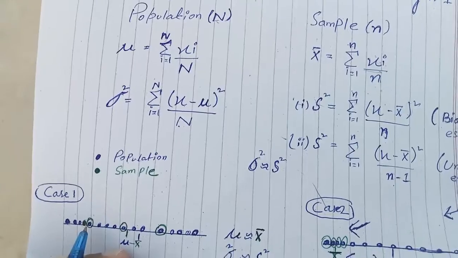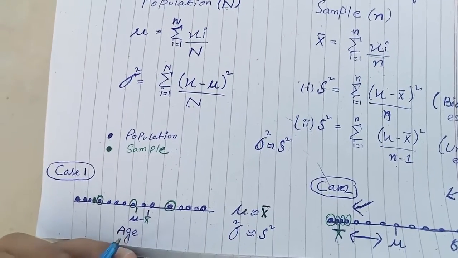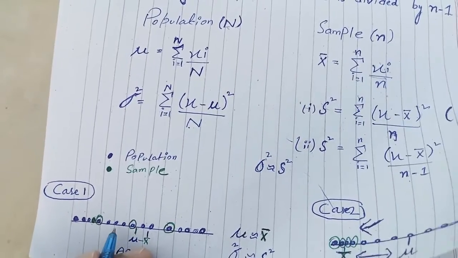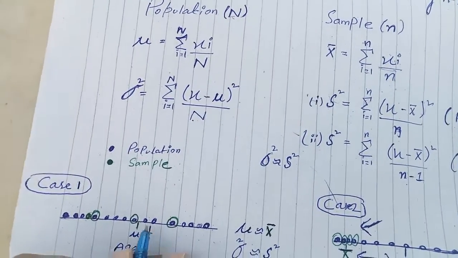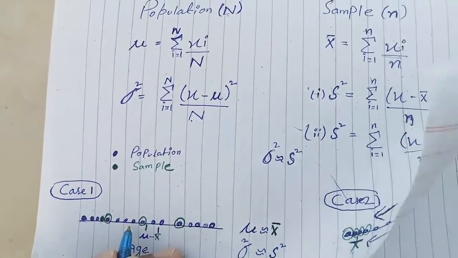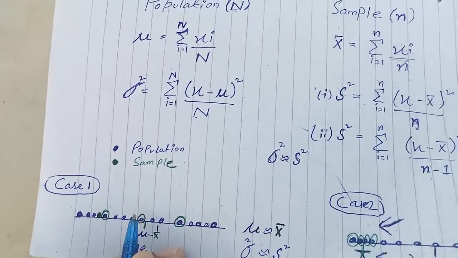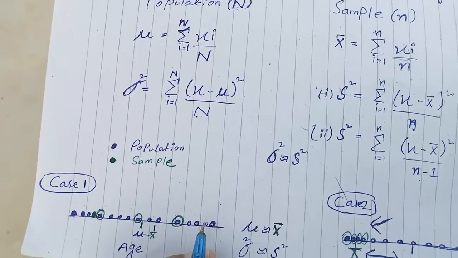In case 1, we have a population representing an age data set. The data is present in the population in this way. You can see the spread, there is no skew, the data is simply present in this way.